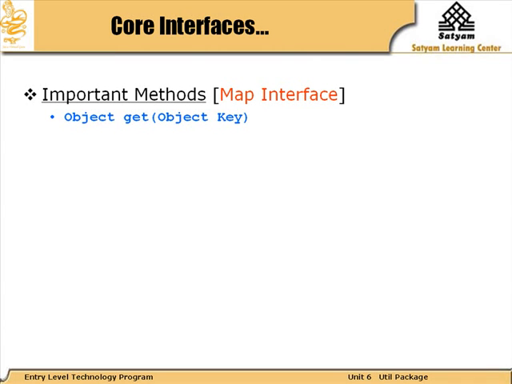Important methods of map interface. Get returns the value object associated with a given key object. Put associates the specified value object with the given key.